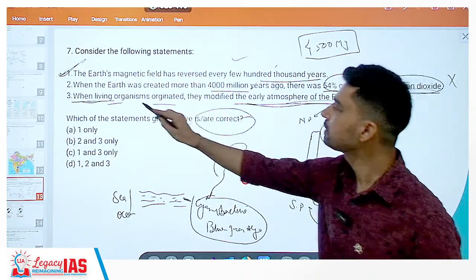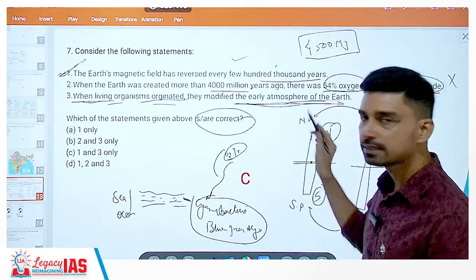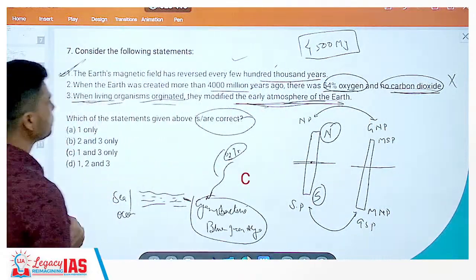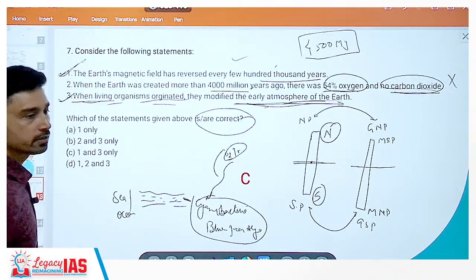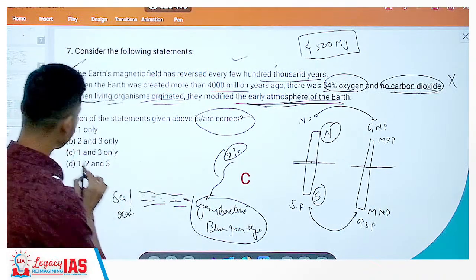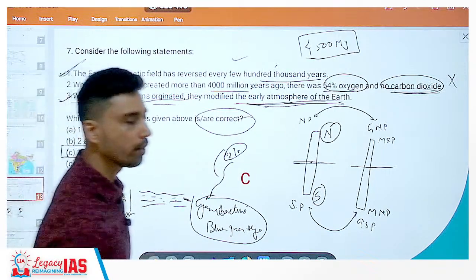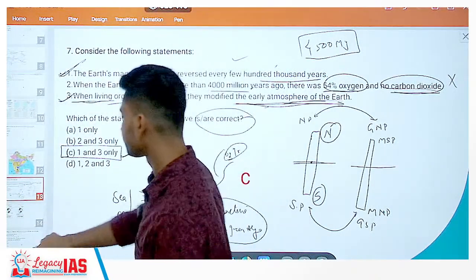So when living organisms originated, they indeed modified the early atmosphere of the earth, and thus the first and the third statements are correct. So obviously for this, C is the right option, C is the correct option.